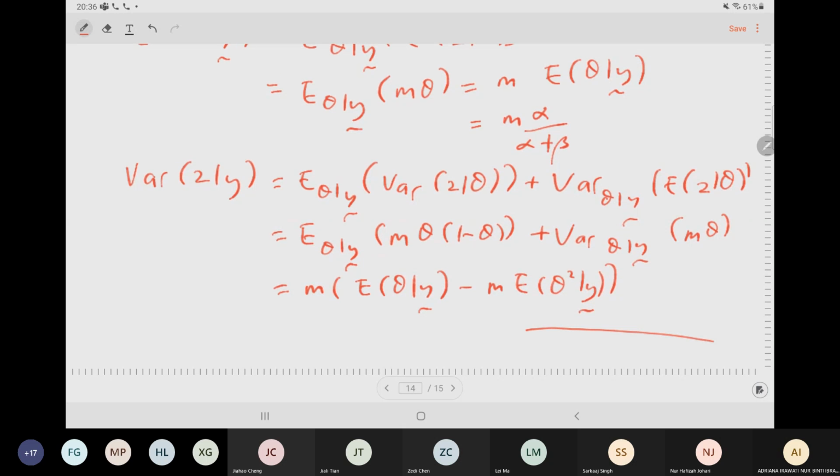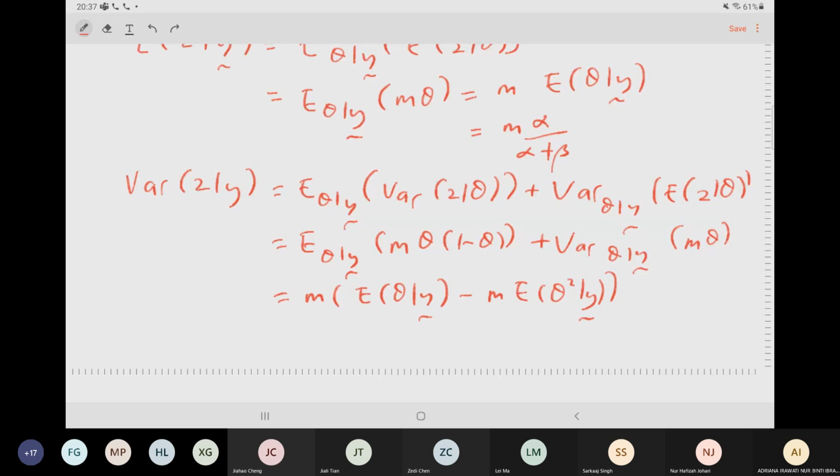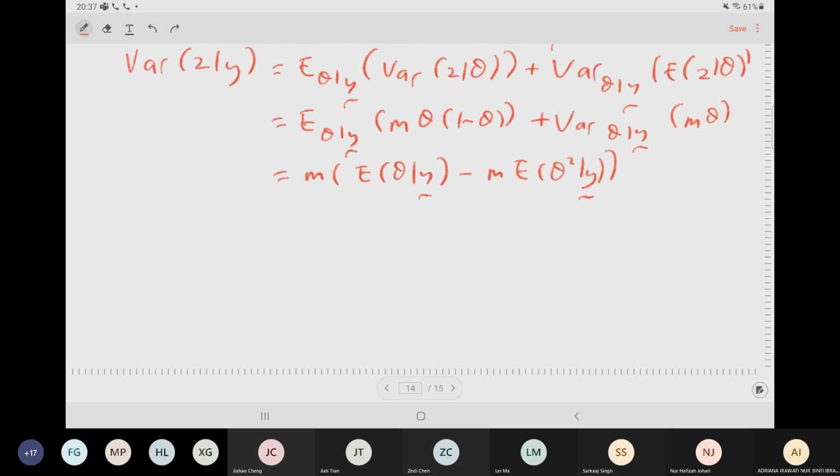Oh, no. Okay, this is the problem. When writing here, where's the maximum already? How many pages do I have? Okay.